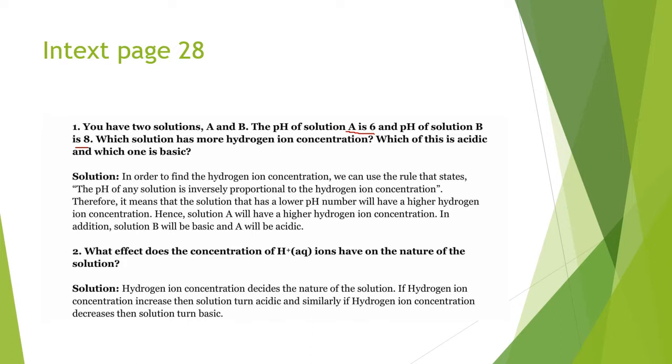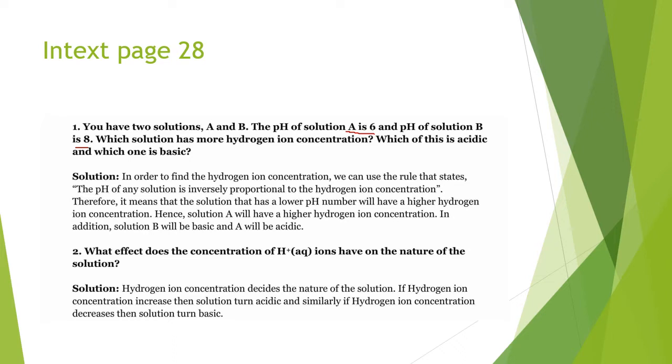In order to answer this question, children, first of all you recall the relationship between pH and hydrogen ion concentration. As you already learned, hydrogen ion concentration is inversely proportional to pH value. That means the higher the hydrogen ion concentration, the lower the pH value, whereas the lower the hydrogen ion concentration, the higher the pH value.